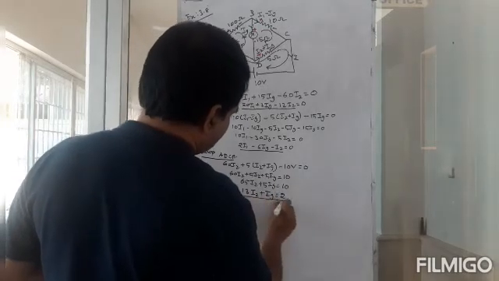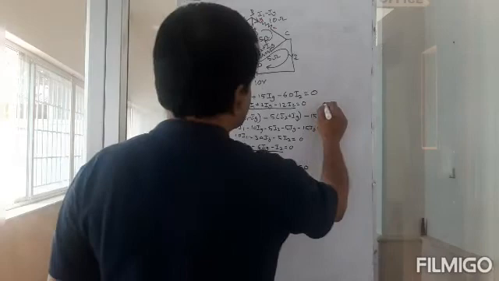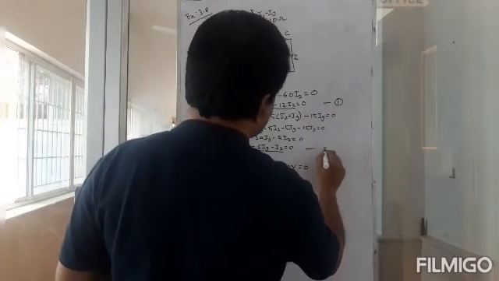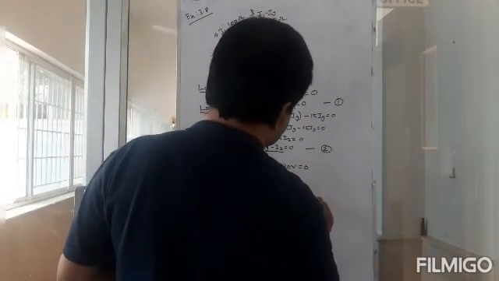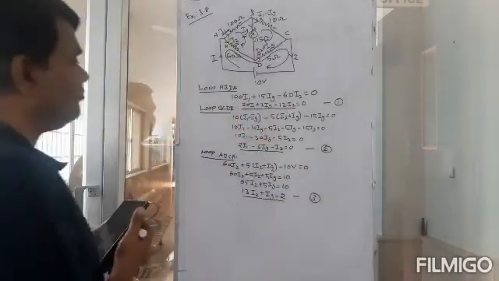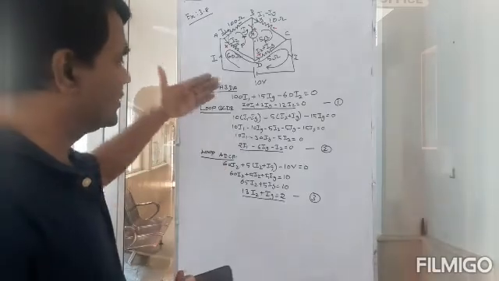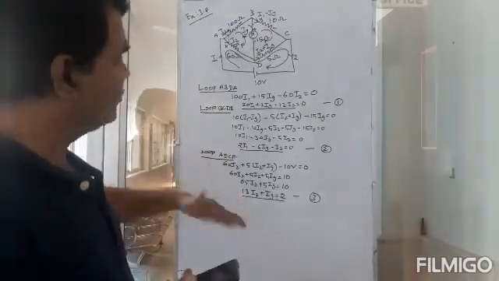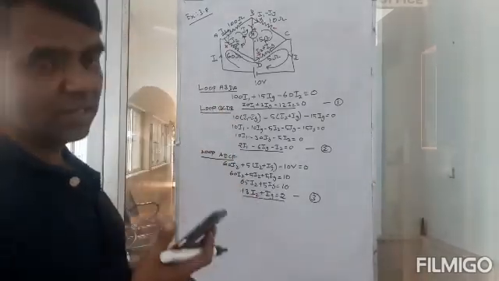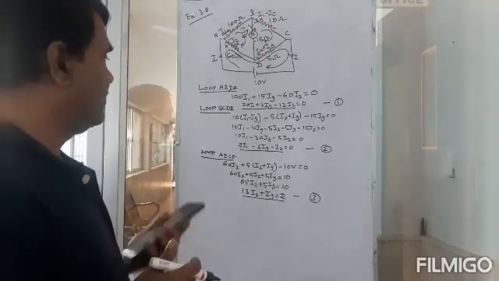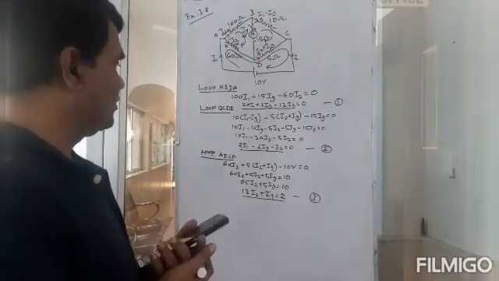Okay, reduced to Ig equation. So this is equation 1, this is equation 2, and this is equation 3. Okay, so I must be able to solve these three equations to know the values of I1, I2 and Ig. How do I do that now?